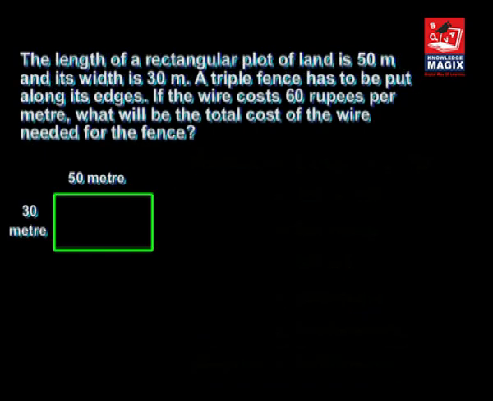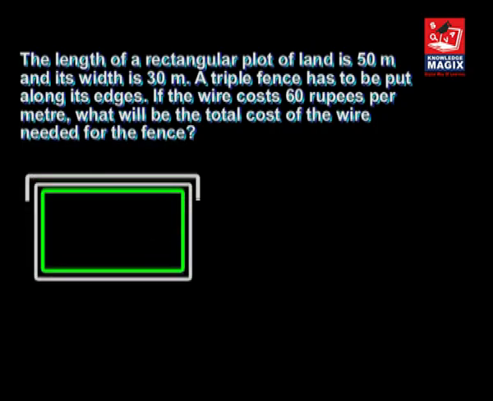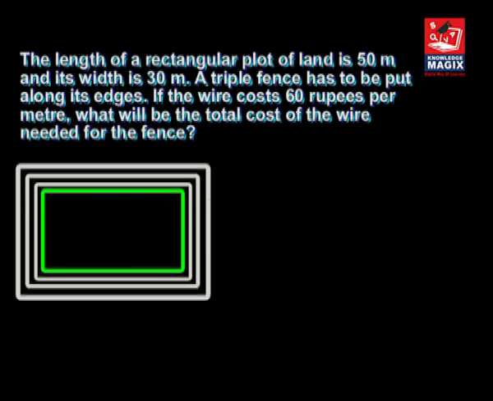Next one. The length of a rectangular plot of land is 50 meter and its width is 30 meter. A triple fence has to be put along its edges. If the wire costs 60 rupees per meter, what will be the total cost of the wire needed for the fence?